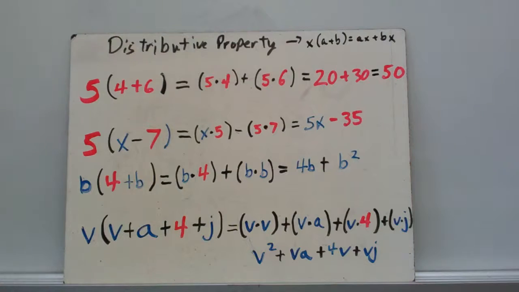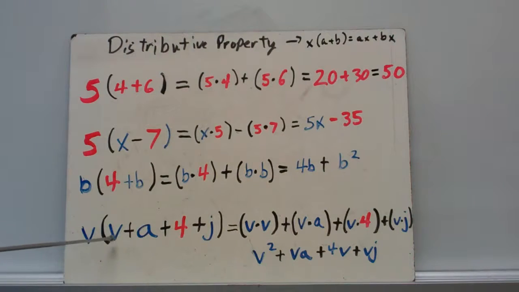And the last example down here, we have v times the quantity of v plus a plus 4 plus j. And when we're distributing, everything inside the parentheses gets multiplied by that term on the outside, regardless if there's two terms inside the parentheses or if there's, as in this case, 4.